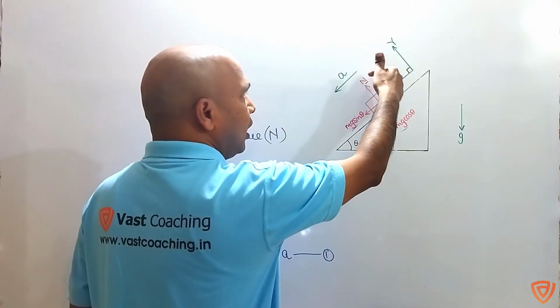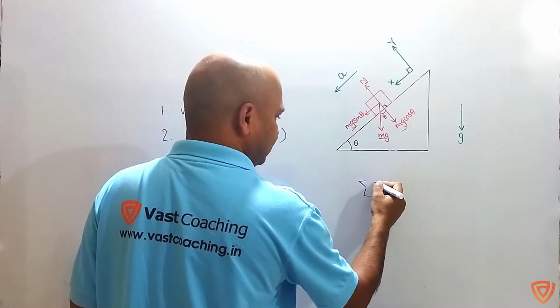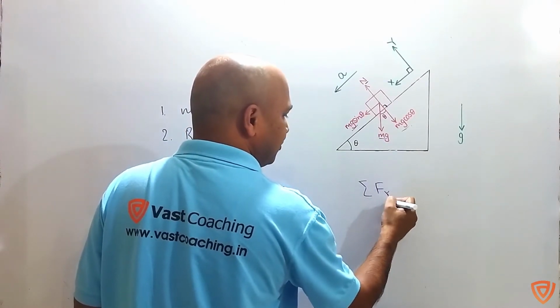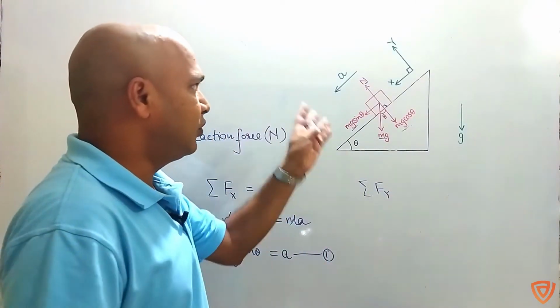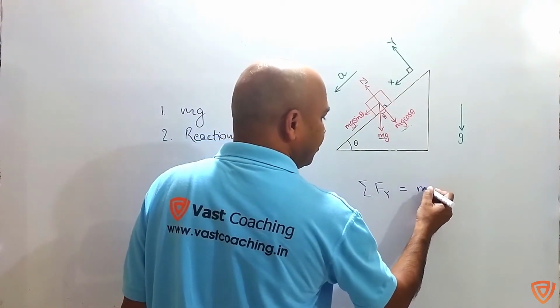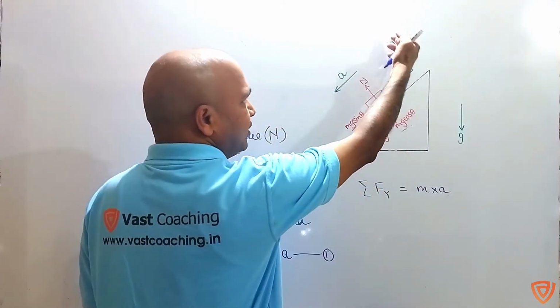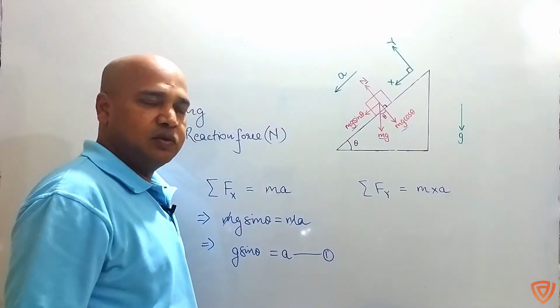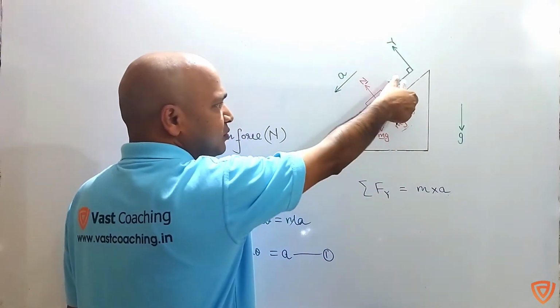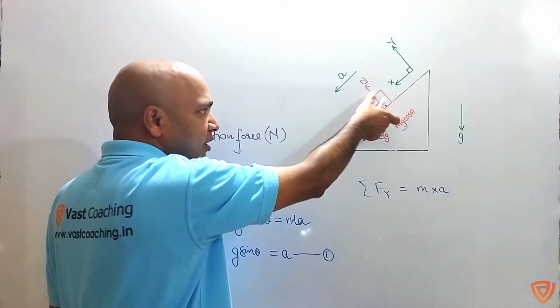Similarly, in the y-axis we can say sigma Fy, the sum of all the forces acting along the y-axis, will be m into a, right? But what we see here, there is no acceleration along the y-axis, so there is no movement. This object is not moving along the y-axis. This object is moving only along the x-axis.